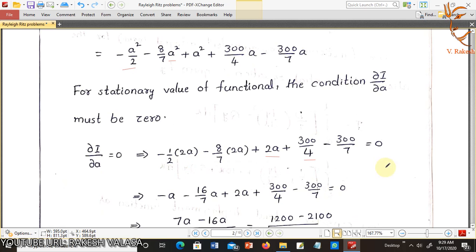Now simplify this term: minus a minus 16 by 7 a plus 2a plus 300 by 4 minus 300 by 7 equals 0.